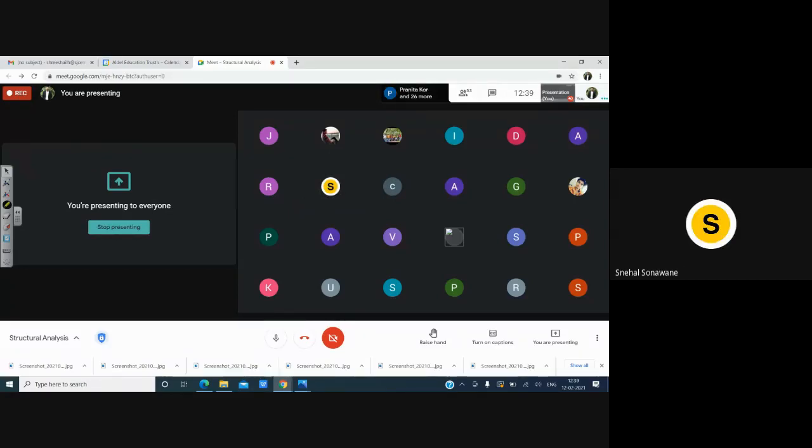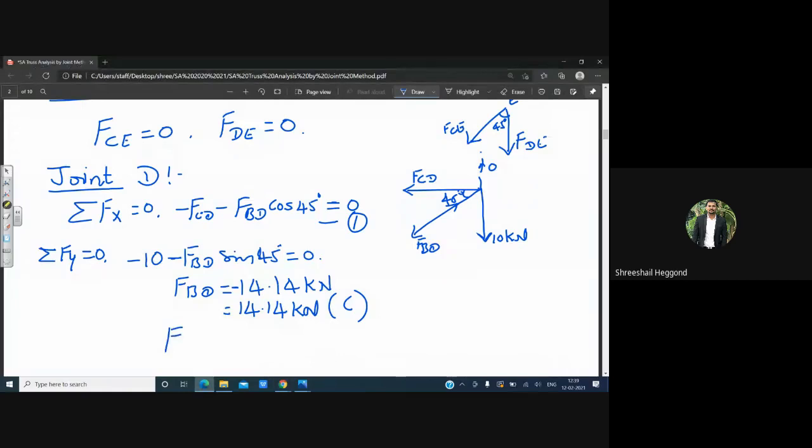Yes. Okay, fine. Substitute the BD value in equation number 1, which is already written at the top, and then calculate FCD.